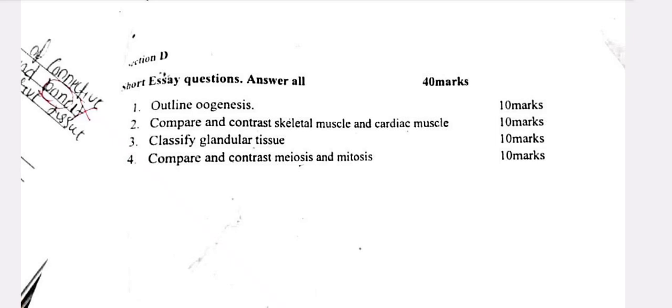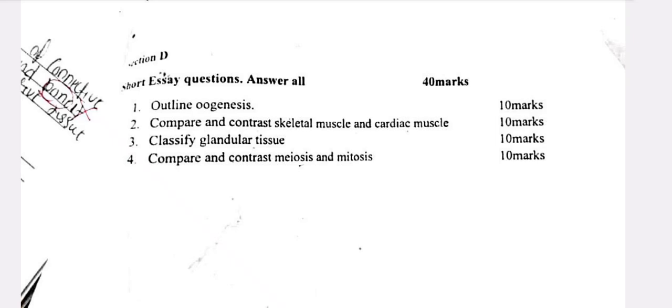Then there will be what we call primary oocyte formation. From oogonia, you're going to form the primary oocytes. This oogonia is going to differentiate into primary oocytes. Of course, this shows the beginning of meiosis.